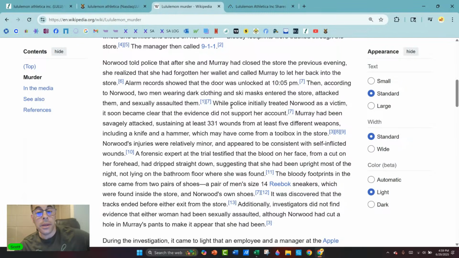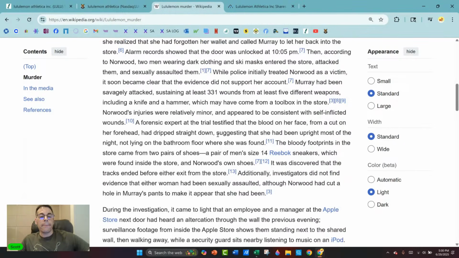Wow. While police initially treated Norwood as a victim, it soon became clear she was not. The victim had 331 wounds from at least 5 different weapons, including a knife and a hammer. Norwood's injuries were relatively minor and appear to be consistent with self-inflicted wounds. Wow.